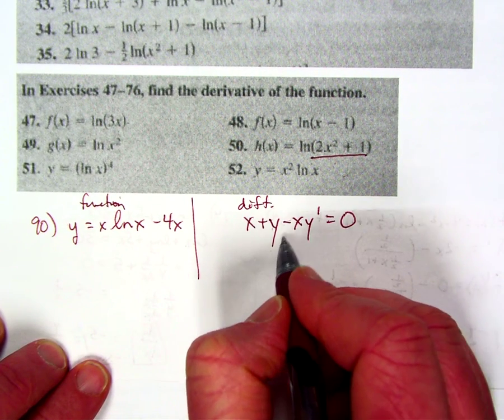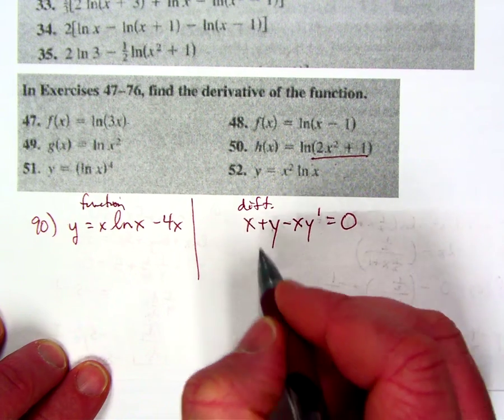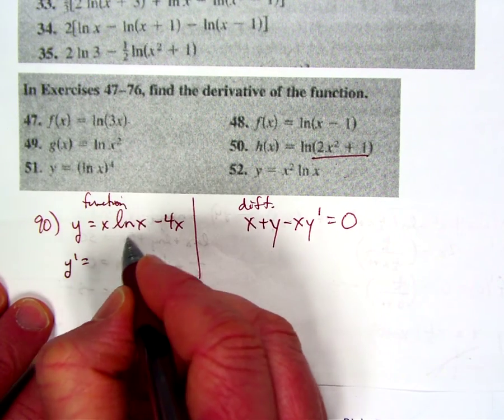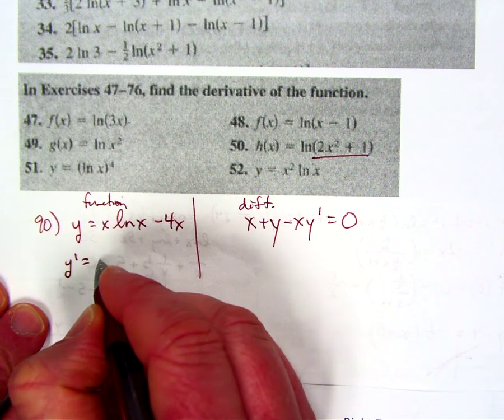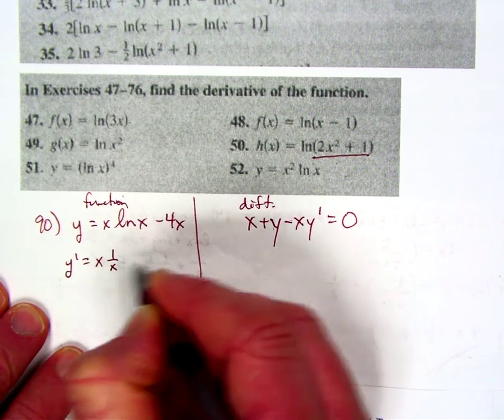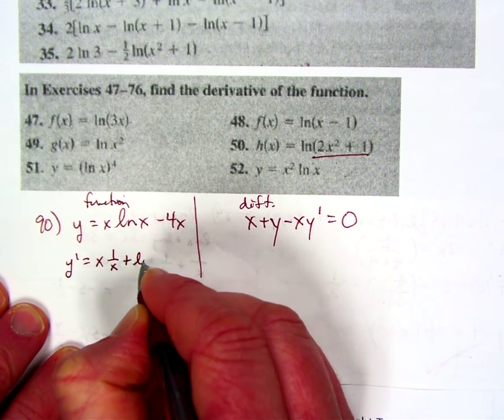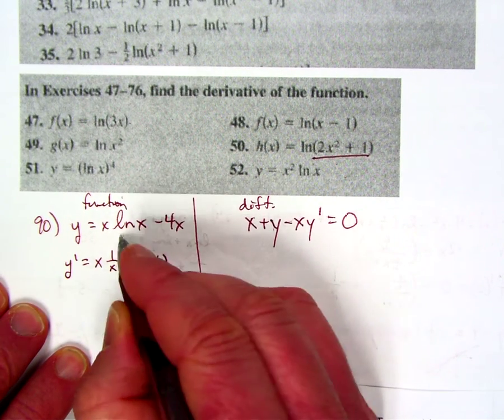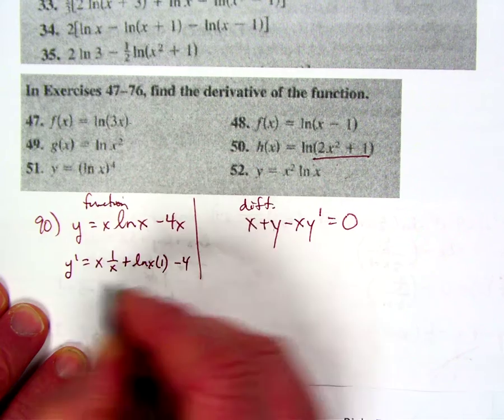So I know there's a y prime over here. I'm going to have to put that in. There's a y. I'll put in. So let's find our y prime first. Product rule. u v prime plus v u prime. That's my x ln x derivative minus 4.